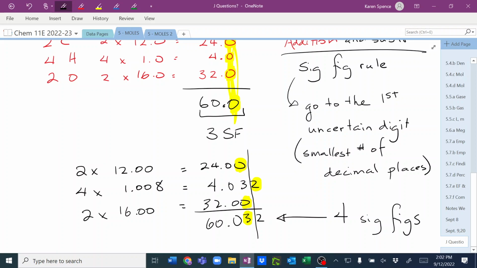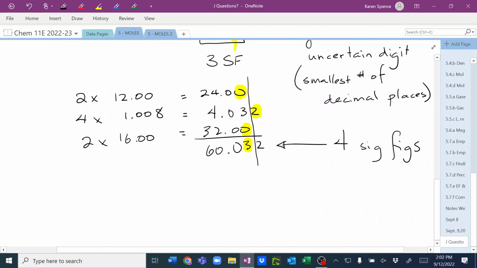Yes. And that's when you're adding, but let's say you then took this number and did a calculation with it, okay? So let's say that you had 4.3257 grams of acetic acid, CH3COOH. Okay, so that has 1, 2, 3, 4, 5 sig figs, yes?